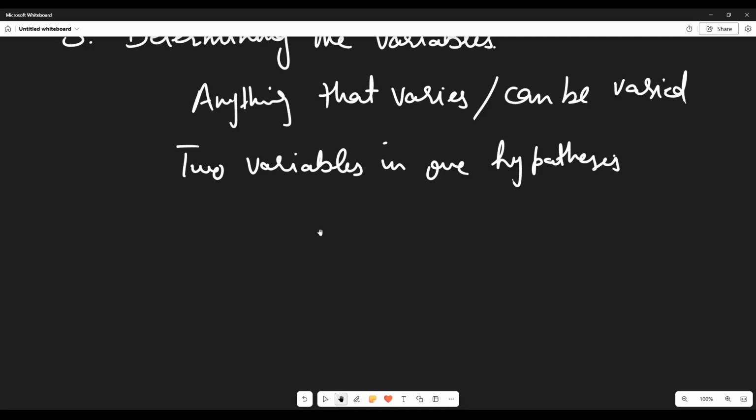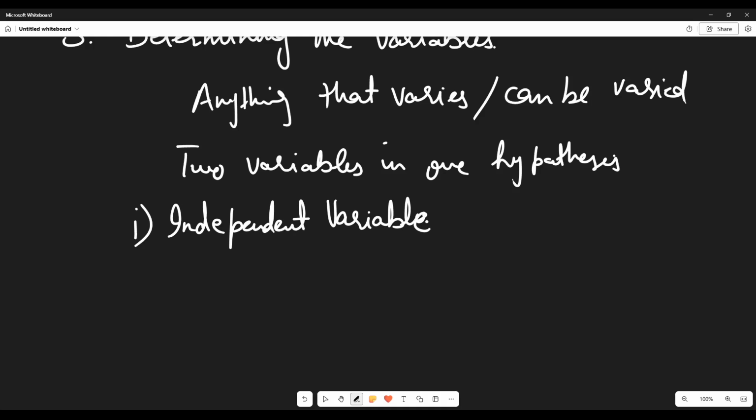There are two types of variables. Number one is independent variables or IVs. The things, situations or events that are manipulated by the experimenter to see their effects on other variables are called independent variables or IV.